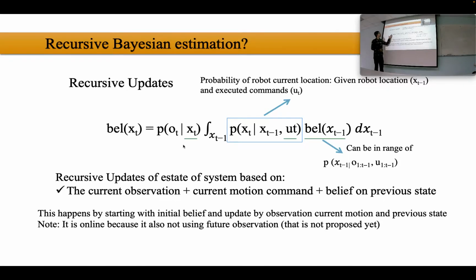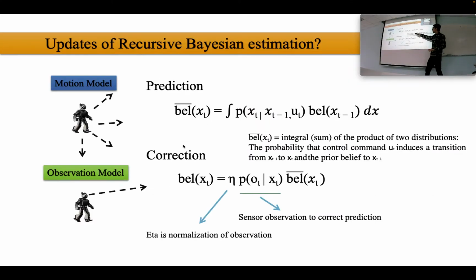Finally, we talked about the Bayes filter general equation: the probability of observation over states that comes from the integral of all possible beliefs and the probabilities of the control command over observation. So we broke it down to the motion model and the observation model.